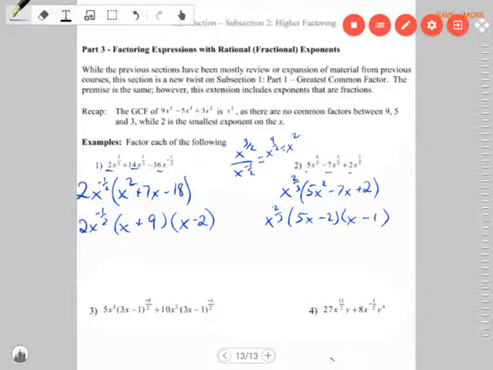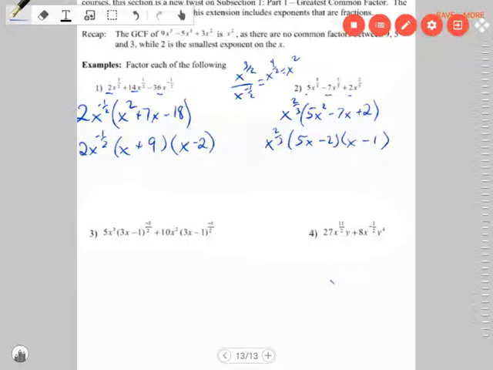If we have a look at number 3 here, 3 is very tricky. There's a couple of different pieces. You notice that there is a monomial term multiplying a binomial term on each chunk. So basically, just have a look.